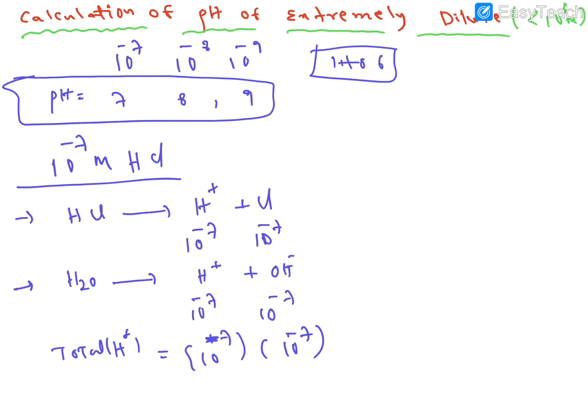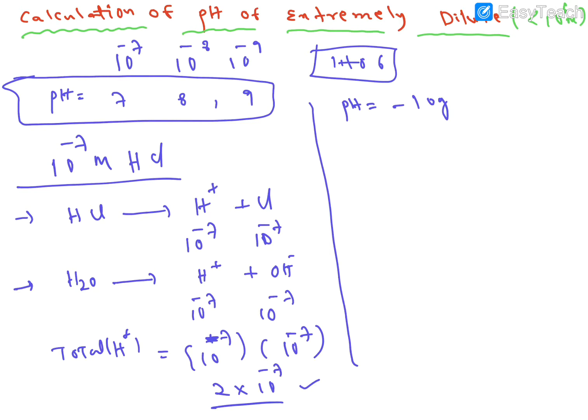So the total we can calculate here is 2 into 10 to the power of minus 7. So what is the H plus concentration here? pH is equal to the negative logarithm of the H plus concentration, which we got here as 2 into 10 to the power of minus 7.